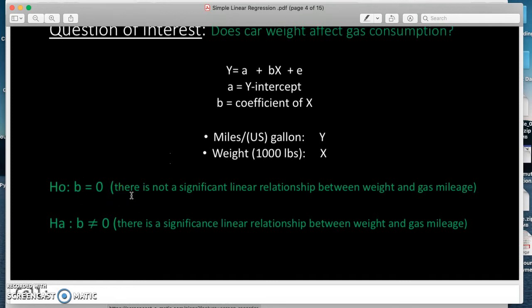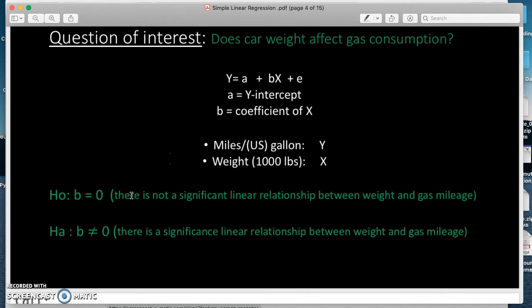That means we want to make sure that, even though we get this coefficient, it makes sense or not. To do that, we test the null hypothesis, which is that there's no significant linear relationship between the weight and the gas mileage. What this means is that if b is 0, you're just going to have y equal to a, so there's no relationship between x and y, because the bx term is going to give you 0.